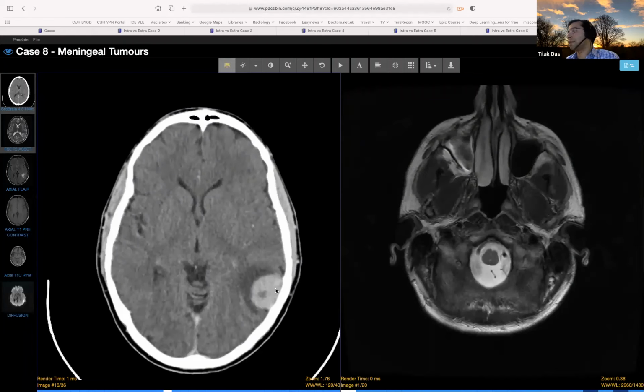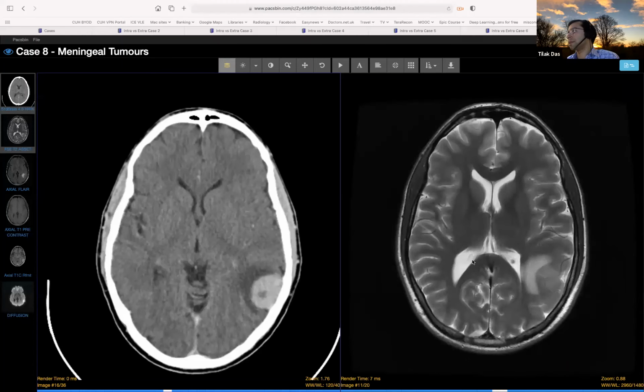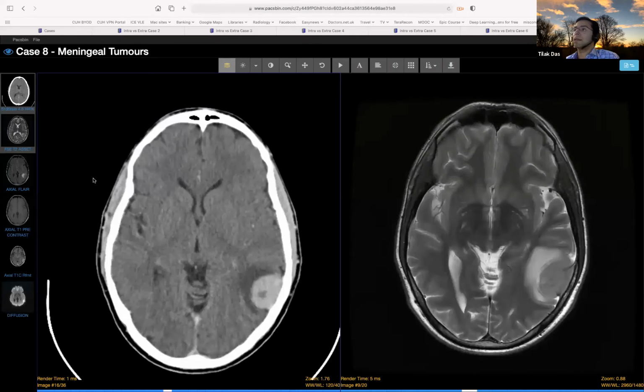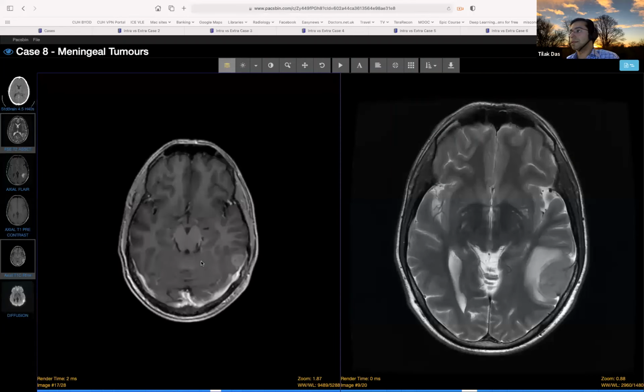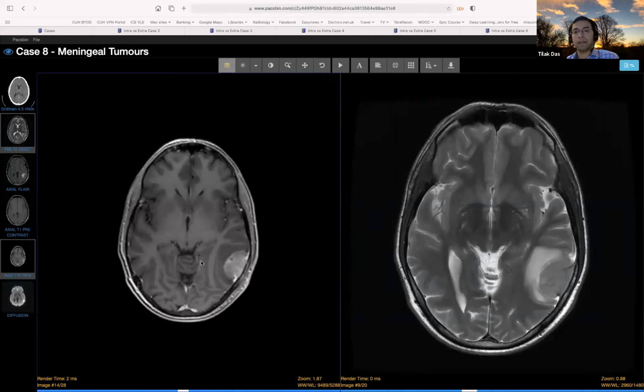If you're looking on my screen, the CT shows a very hyperdense lesion. And if you don't mind, I'll give you just another 15 seconds to answer the questions, and then we'll have a look.